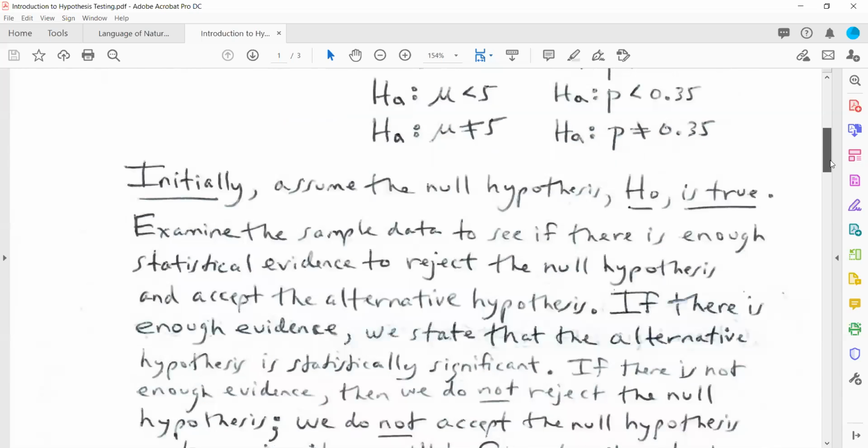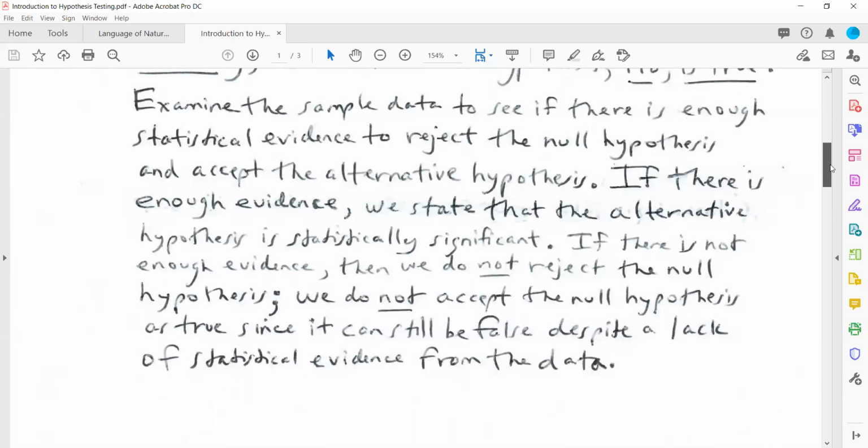So we're going to be doing something like that, but we're not going to guess at it. We're going to use a certain procedure which will tell us exactly how to come up with that answer. All right, how far away is far away, right? Because you might inspect the sample mean and say, yeah, it looks pretty far away from the population mean. Yeah, I'm going to reject the null hypothesis.